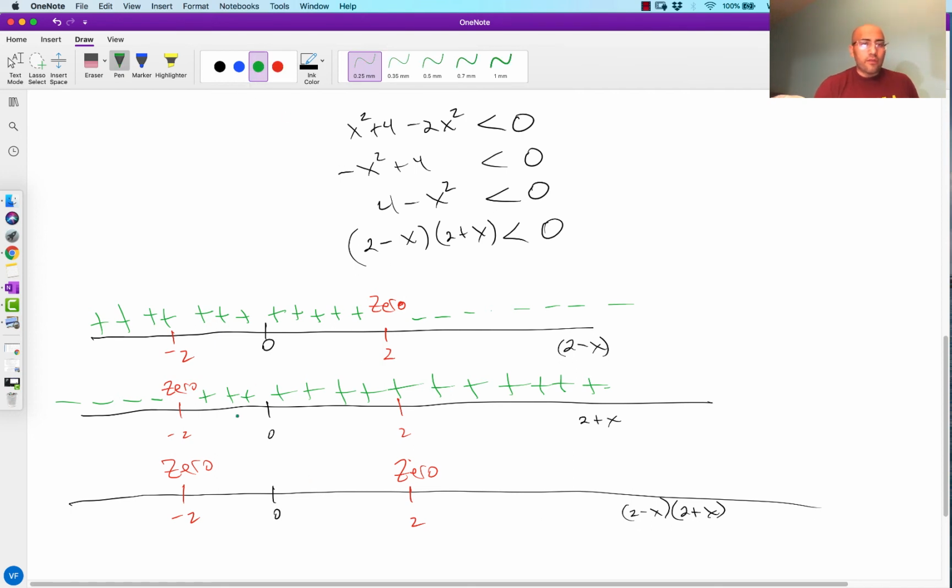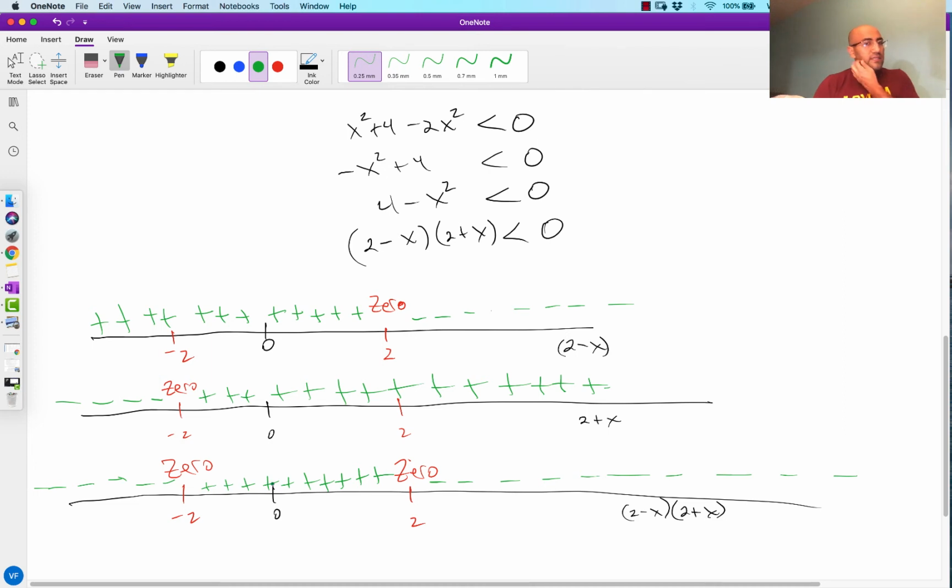Okay, and then all the in-betweens is where we get something interesting. For any value of x that's inside here, we end up with a positive times a positive, which means we end up with positive values in here. Over here, we end up with a negative times a positive, which becomes a negative. And over here, we end up with a positive times a negative, which becomes a negative.